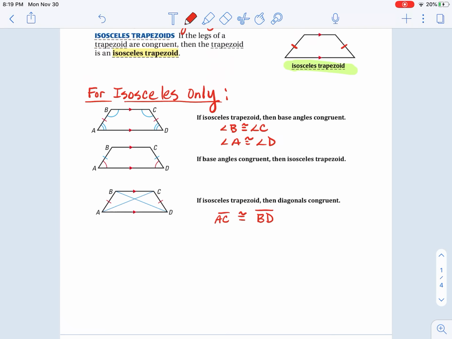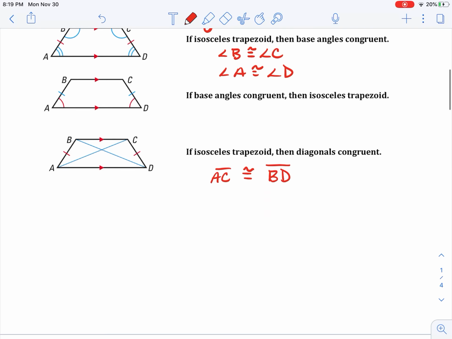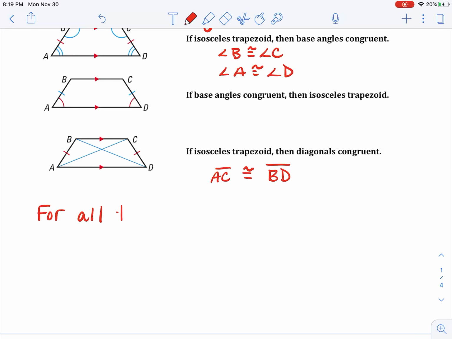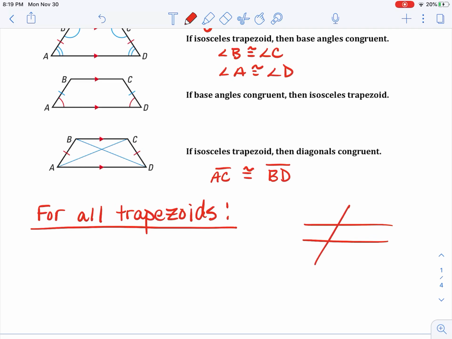Now, the reason I wanted to name the other angles the leg angles is because for any trapezoid, for all trapezoids, our leg angles are actually going to be supplementary. Think about why that is from our parallel lines chapter. Whenever you had parallel lines and a transversal, these angles on the inside right here were called same side interiors.